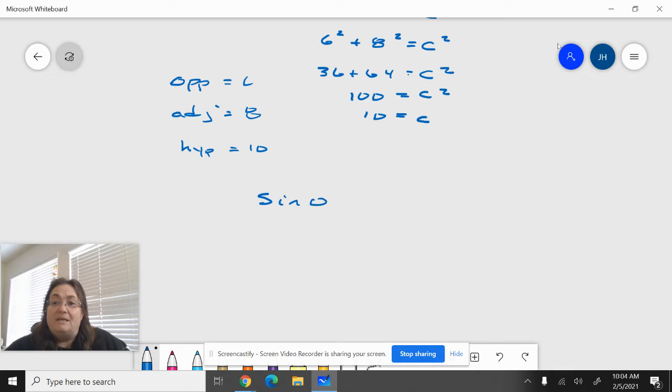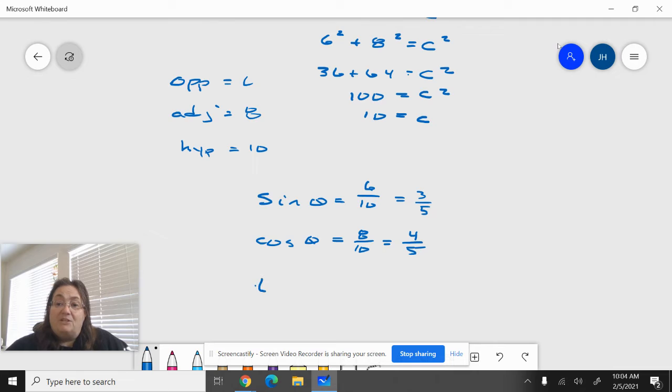So we know that sine theta equals the opposite over the hypotenuse. Well, that's 6 over 10. And when we reduce that fraction, we know it's 3/5. Then we go, well, cosine, caught another hippie. Adjacent over hypotenuse. So that's going to be 8 over 10. And when we reduce that fraction, it's 4/5.